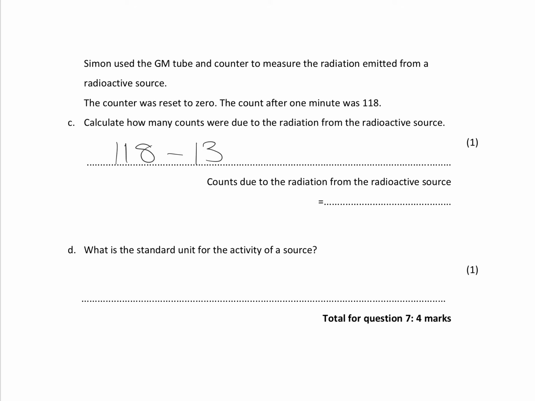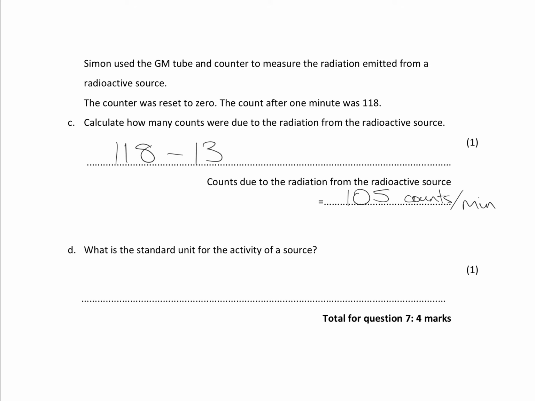So we subtract one from the other, and we end up with a count rate of 105, and this should be counts per minute. Now, marks were taken off if you didn't put any units there, we gave you the benefit of the doubt, but if you put the wrong units, that does actually make the answer wrong. So counts per second or becquerels there actually gives you the wrong answer.